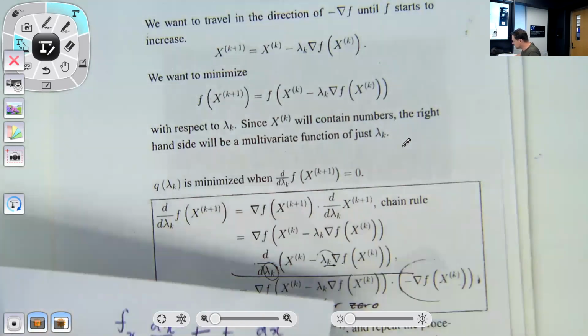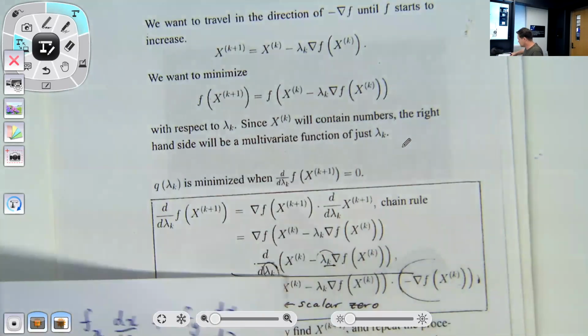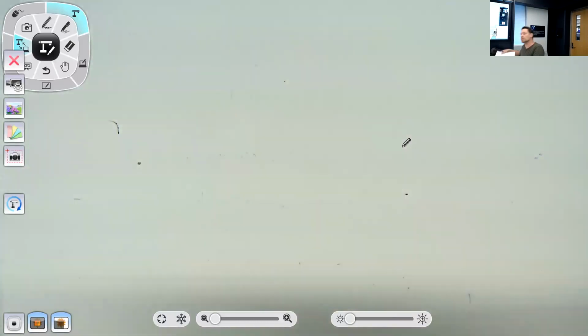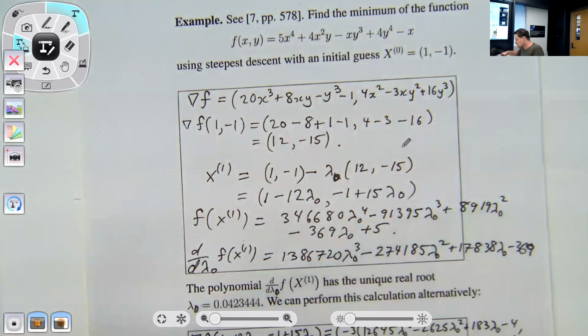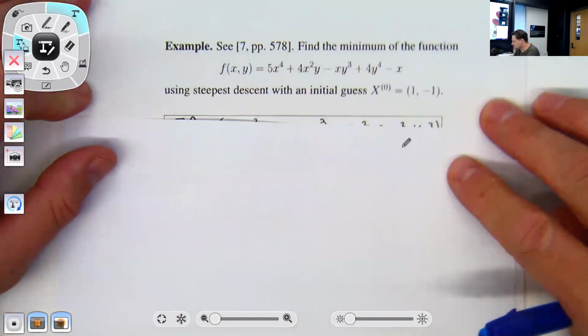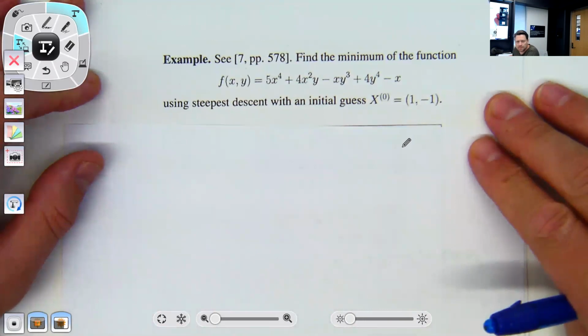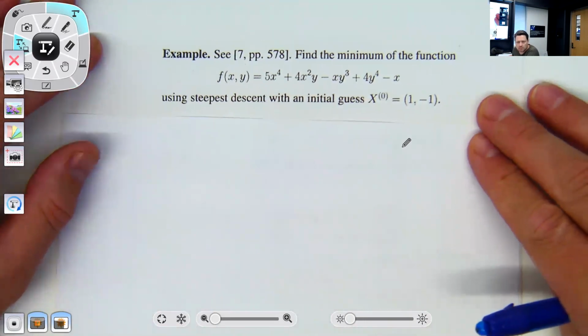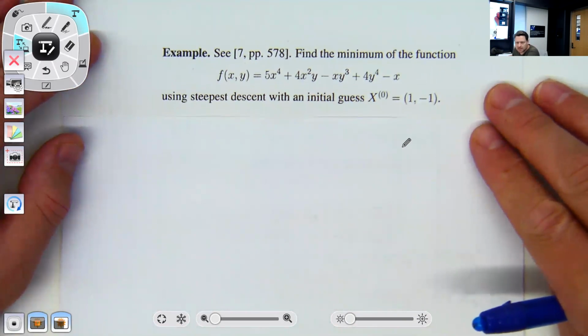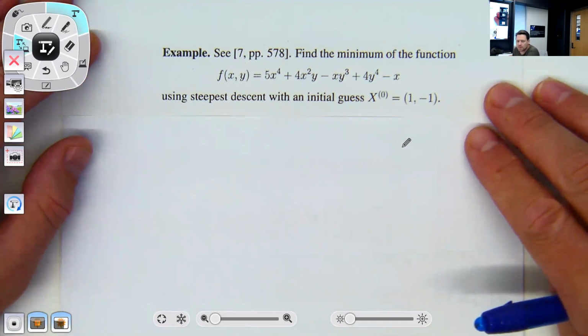I'll pull up another page. It makes a lot more sense once you see a simple example. So that I'll show you here. Okay, so here we've got a function of two letters x and y, and we're going to find the minimum of the function using steepest descent. And let's use this initial guess. x0 is 1 comma minus 1.